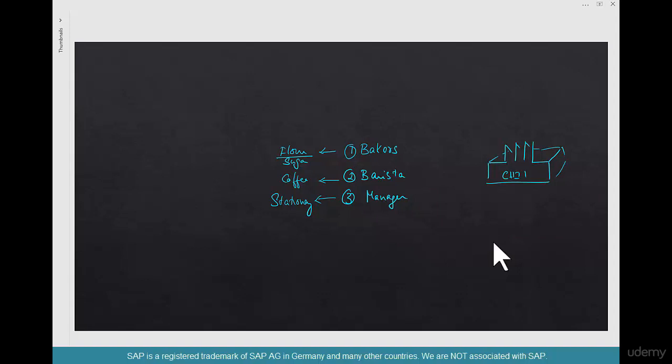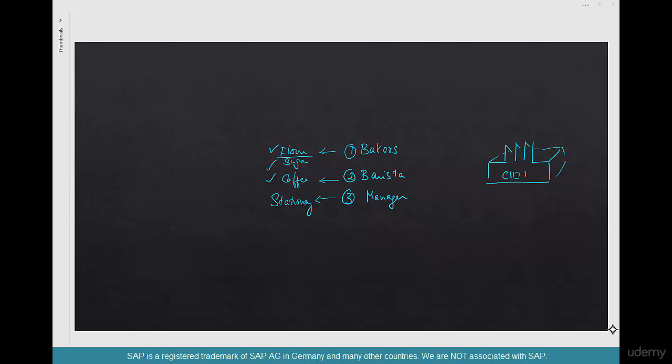Now, these people all know the requirements of, for example, how much flour is required, how much sugar is required, how much coffee is required on a daily basis. They would know how much is required next week, they would know how much is required next month, but it's all in their mind, right? They're not on paper, it's all in their mind.